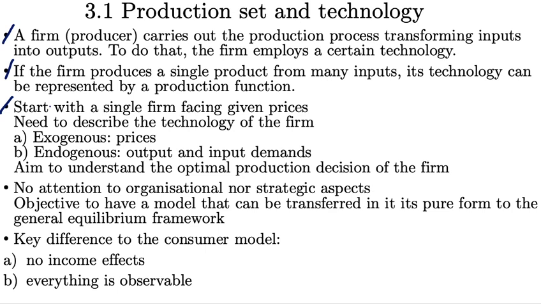Like I said to you earlier, the firm can use many inputs to produce output using technology. Now, I did talk about the price, and then I did talk about output and input demands.